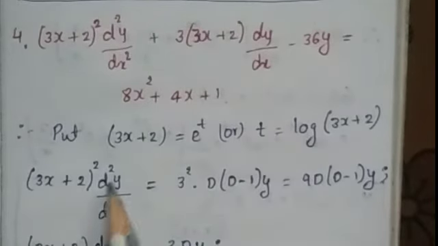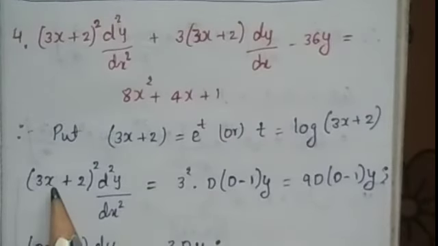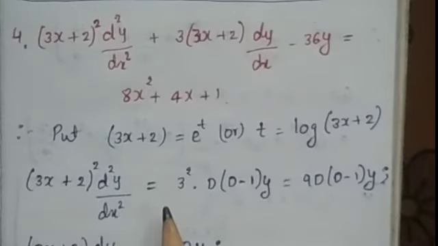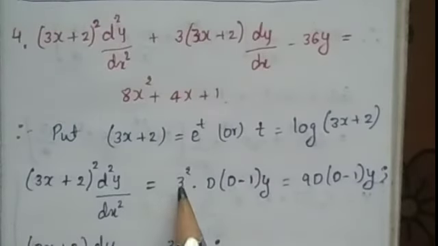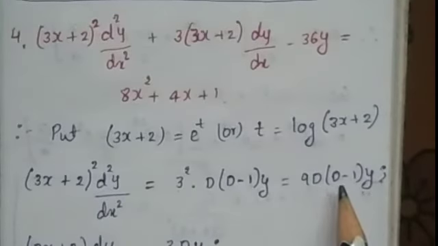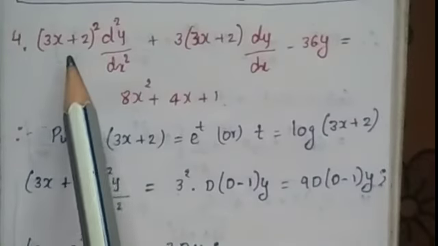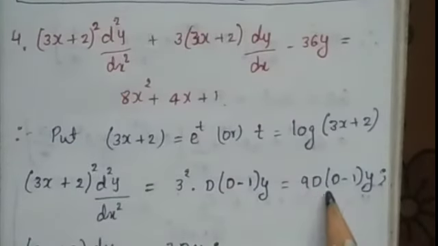Okay. (3x plus 2) whole square d square y by dx square is of the form (ax plus b) whole square d square y by dx square, which is equal to a square into D into (D minus 1) into y. The a value is 3, you get 3 square, which is 9, so 9 into D into (D minus 1) into y.